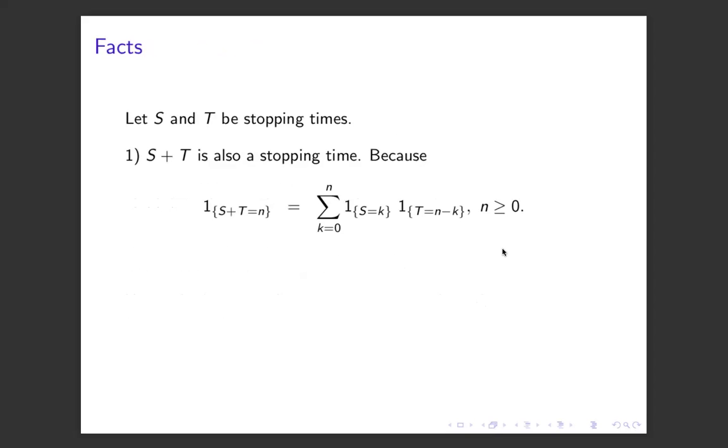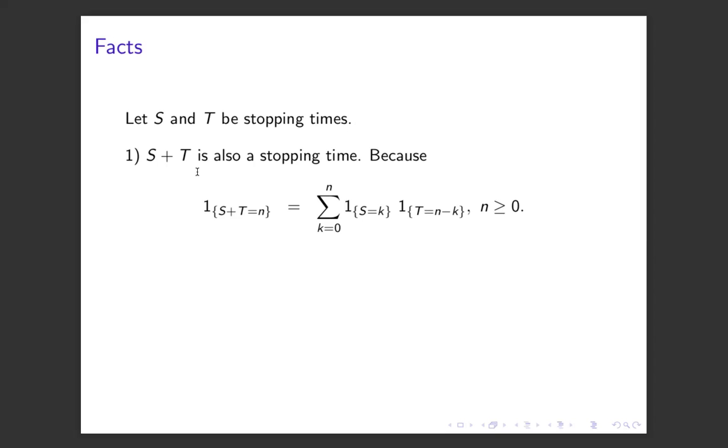So what I'm going to state, certain things are facts. You can also write in your notes, within brackets, exercises. So S and T, let us say, are stopping times, of course with respect to Yn and things like that.